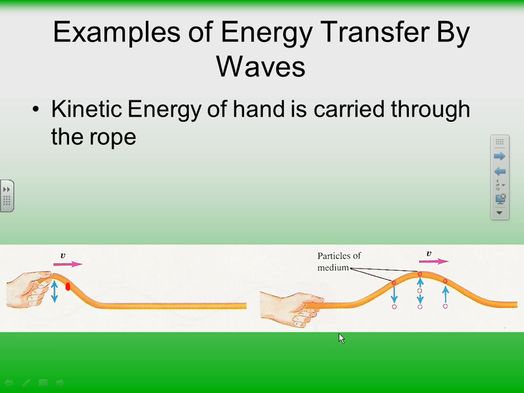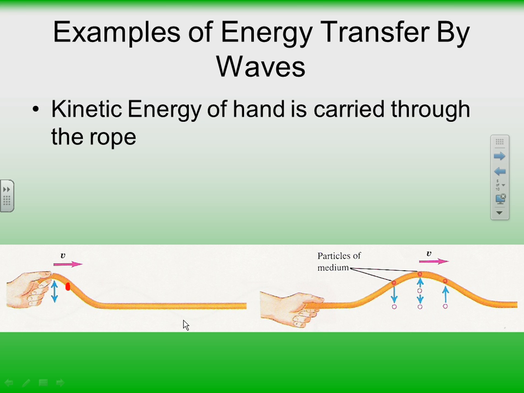Same place that it starts. So the medium is moving up and down while the wave is moving side to side. This is an example of a transverse wave, where the medium moves up and down as the wave moves side to side.